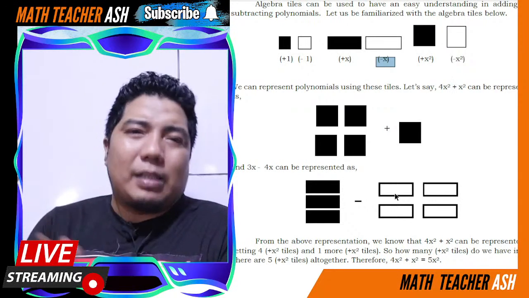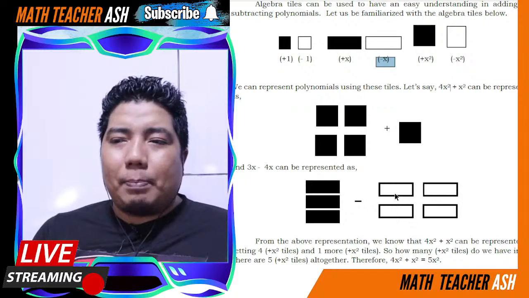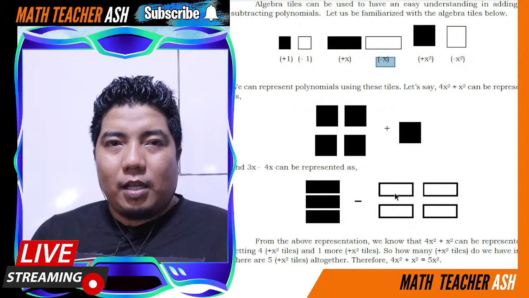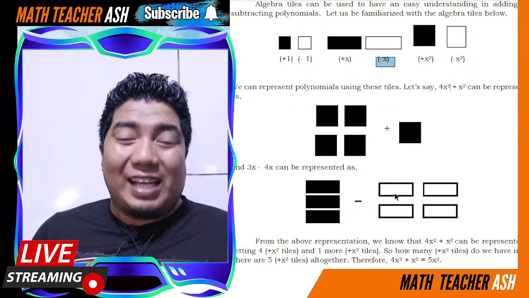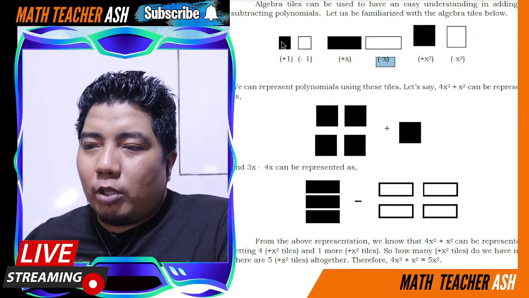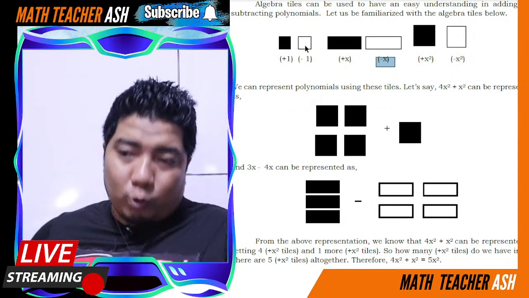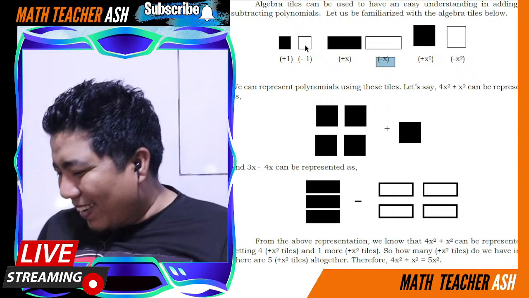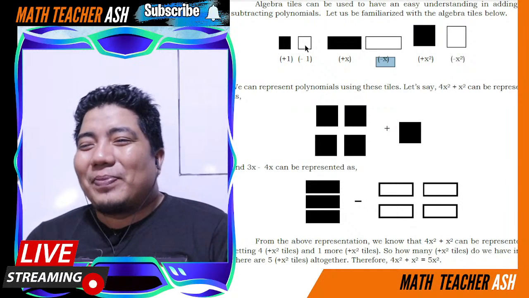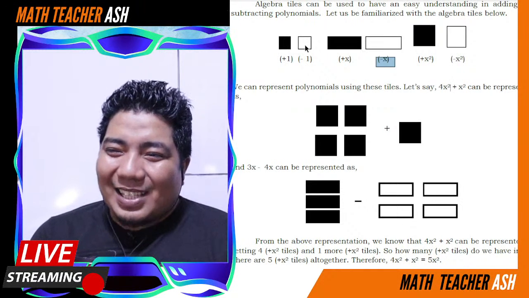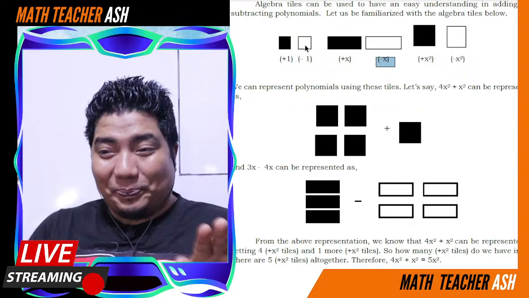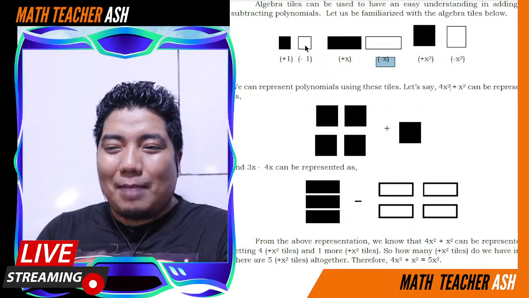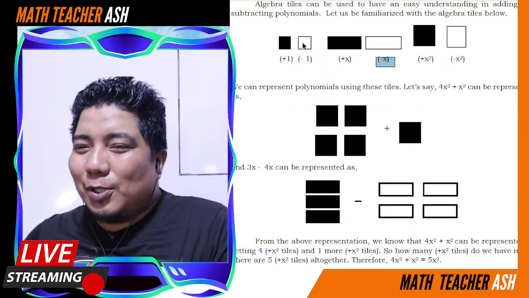Technically, ano ba ang ibig sabihin nitong algebra tiles? Sabi nila, pag ipapares mo yung dalawang magkaparehong sukat ng hugis, tapos magkaiba ng kulay, ang lalabas nun ay 0. So, pag ipapares mo itong maliit na square na black at saka puti na square. Okay, anyway. When we say black square at saka white square, pag ipapares mo sila, magkapareho ng sukat, magkaiba nga lang ang kulay, ang lalabas dyan ay 0. Okay, 0. So, therefore, magiging 0 ito.